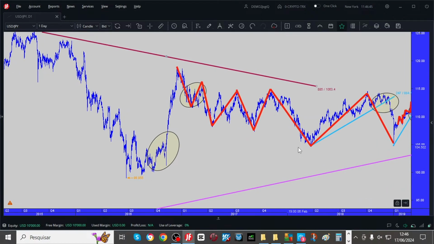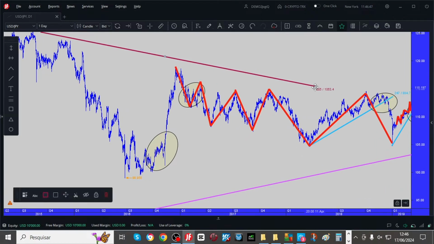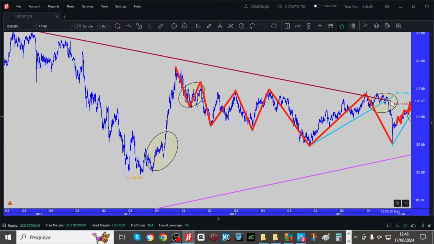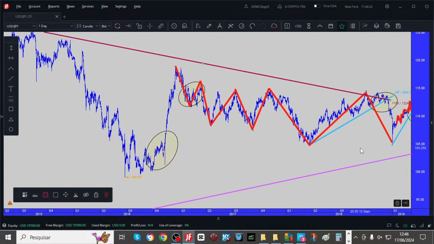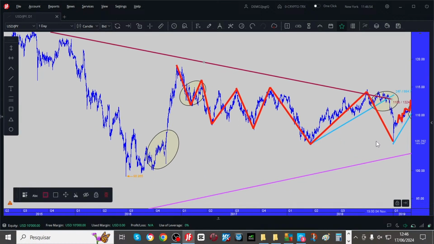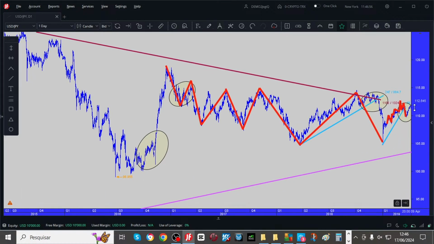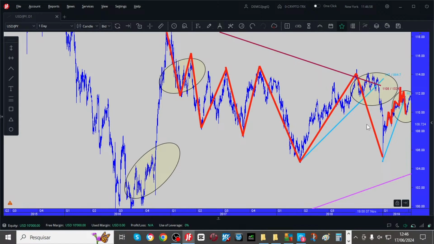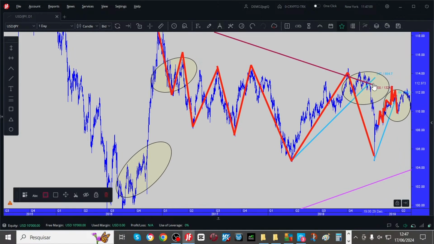The market broke it, so I'm extending the downtrend line like this, and the market broke the downtrend line 2 times.